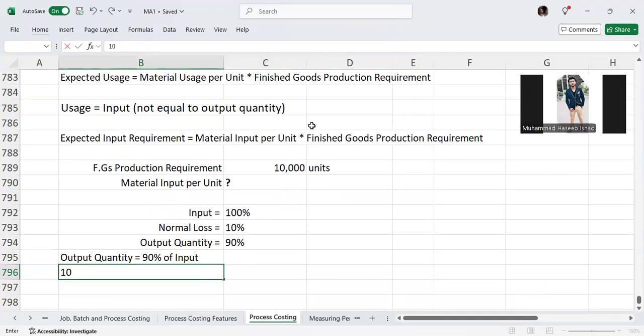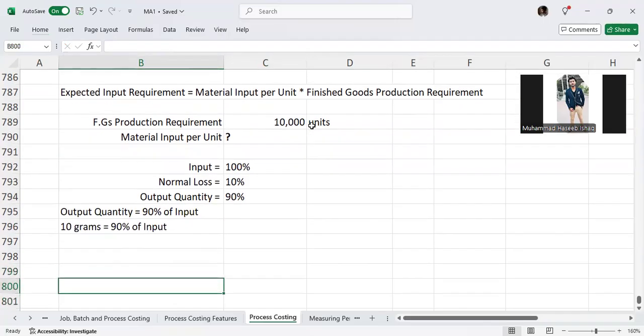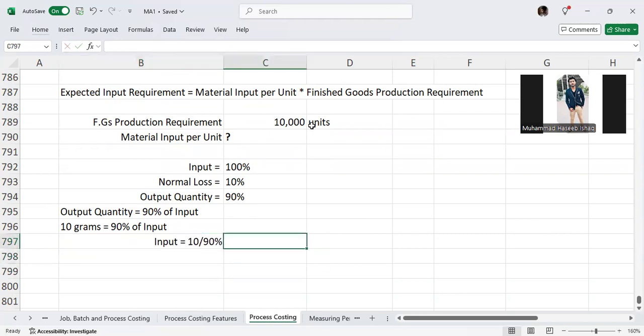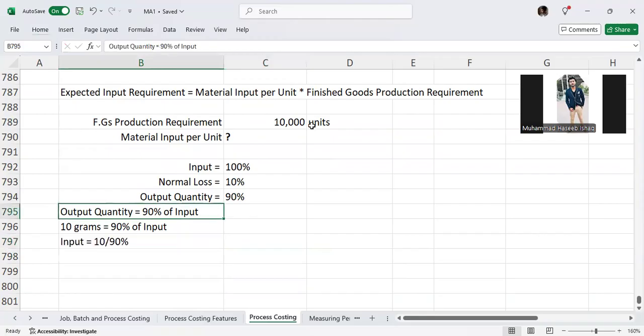So 10 grams is equal to 90% of input. So now we have established the equation. Now we just need to readjust it to find the input quantity. Input is equal to 10 grams divided by 90%. So I can just write it here.